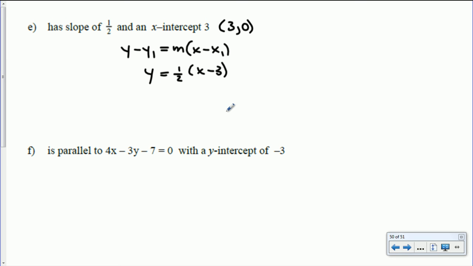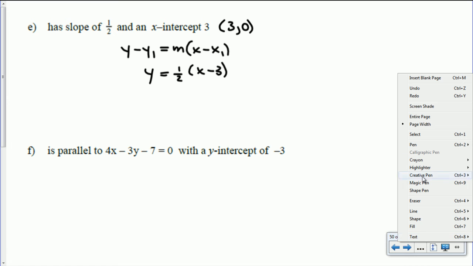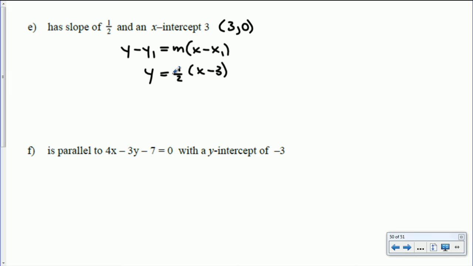Again I want to get it into general form, so I need to get rid of this 2. I can multiply both sides of this equation by 2. So that kind of saves me a little bit of work, right? Rather than distributing this 1/2 into the x and the negative 3, I just keep it out, and then I only have to distribute that to that thing, because it's multiplication.